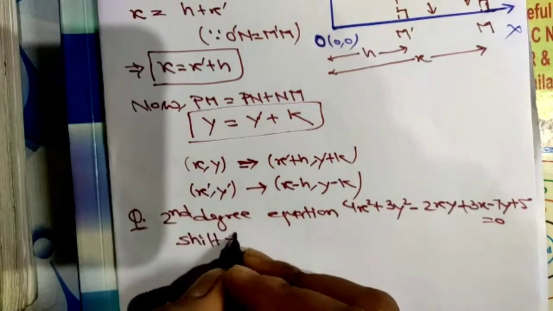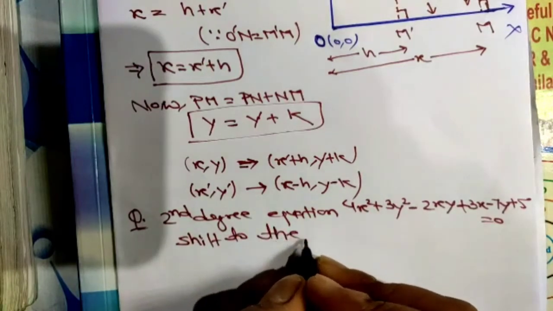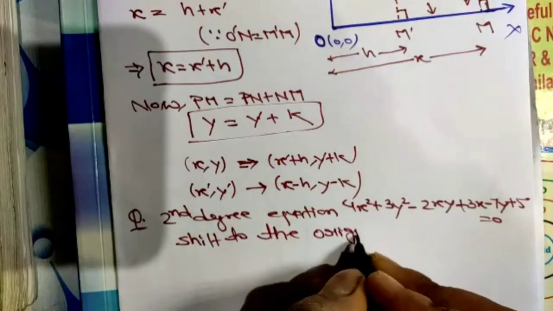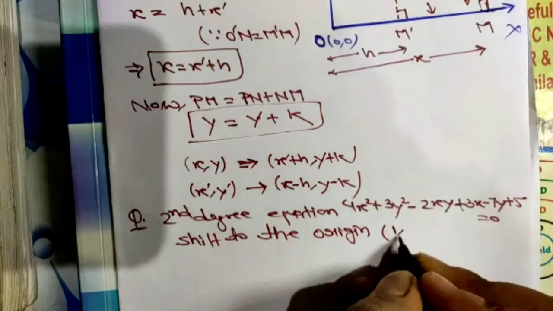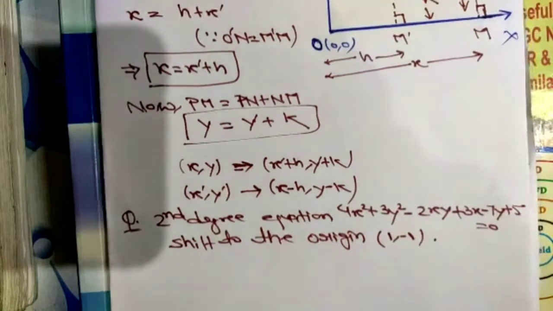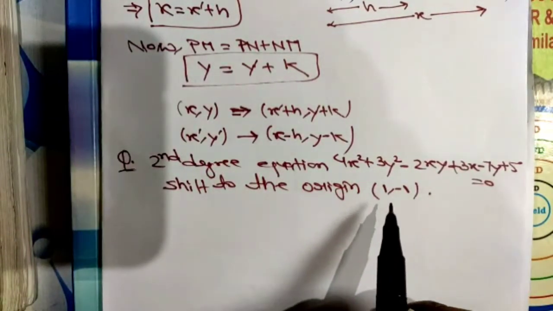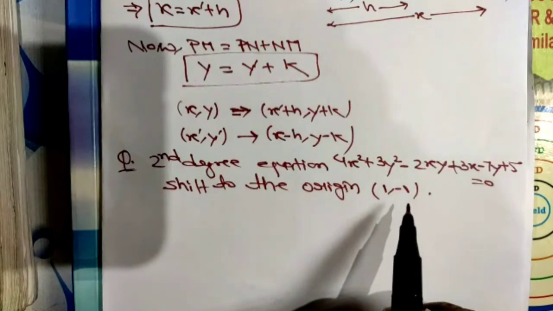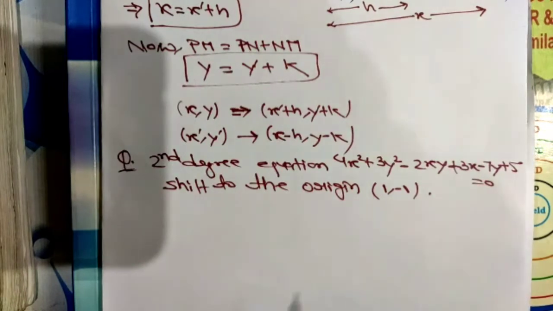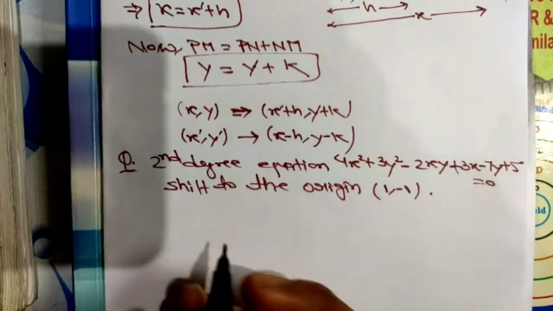Shift to the origin (1, minus 1). So basically there is a second degree equation and it is shifted to the origin (1, minus 1) from (0, 0). What will be the new equation according to this origin?